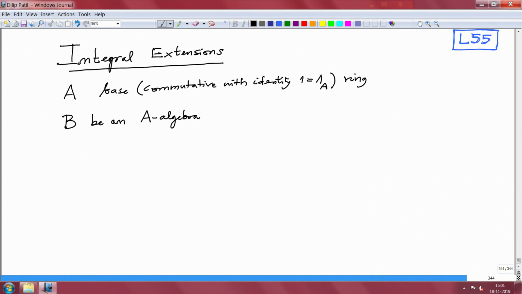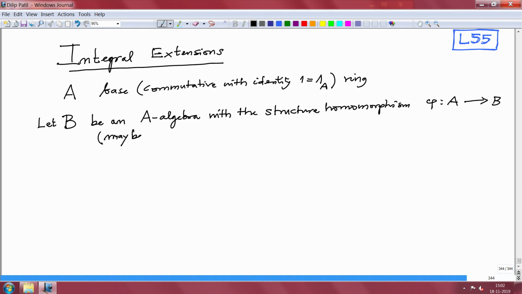That is our setup, and to be very specific, I will write here the structure homomorphism phi from A to B. We will allow A, B to be maybe non-commutative.